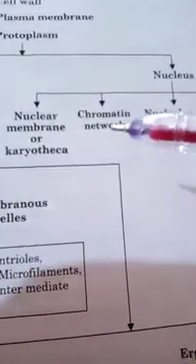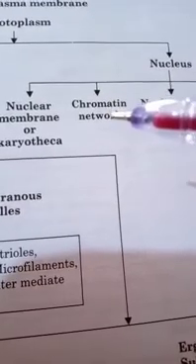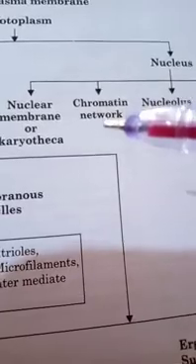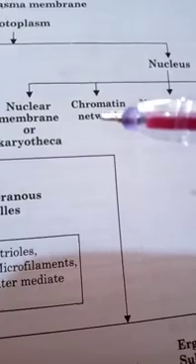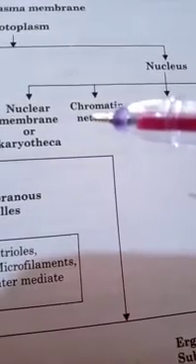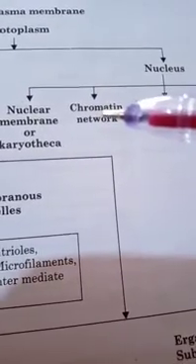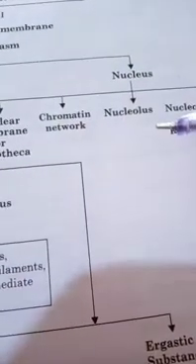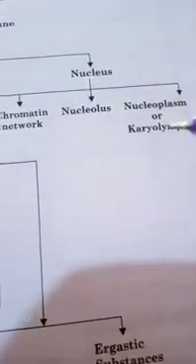Inner to it is a messy network like structure, that is chromatin network, and that is having the genetic material, that is your DNA, in different forms. It could be either in a packed structure that we know as chromosome, or it may be somewhat free depending on the different stages of the cell. Next to it is nucleolus, and then next to it is nucleoplasm or karyoplasm.